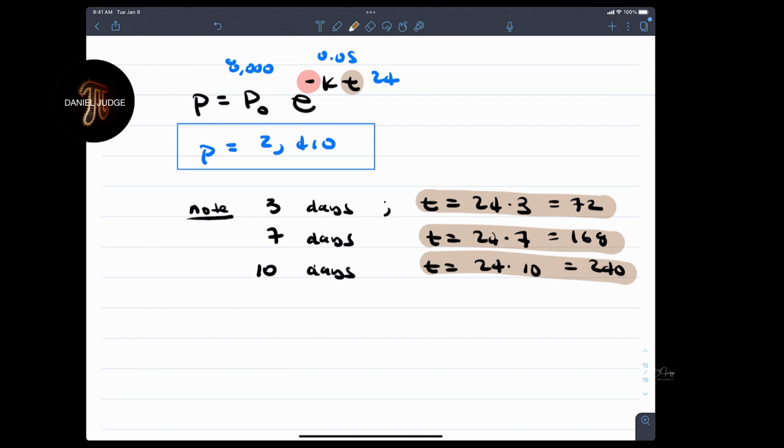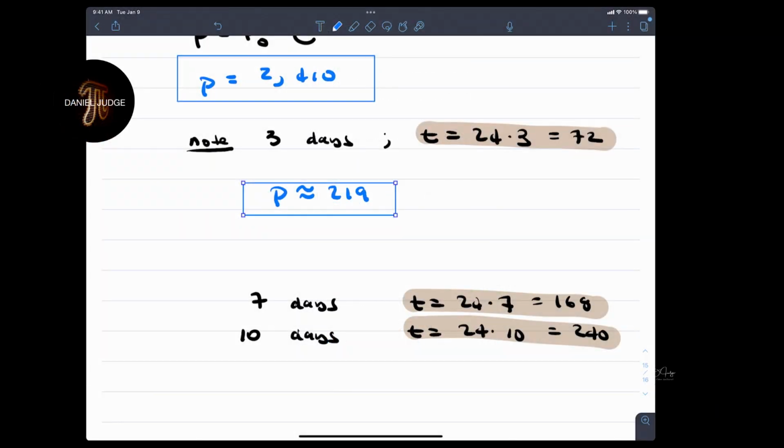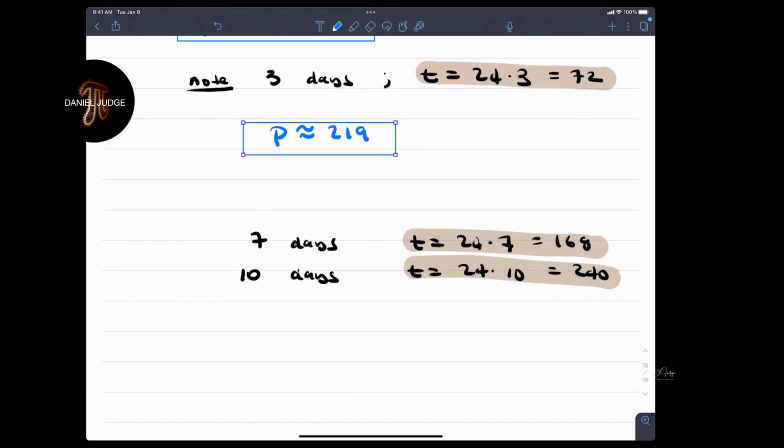And so what you get here, ladies and gentlemen, after 3 days, the population is going to be 219. And you should be feeling after 3 days very good, a lot better than you did with the 8,000. So you should be feeling very, very good after 3 days here.